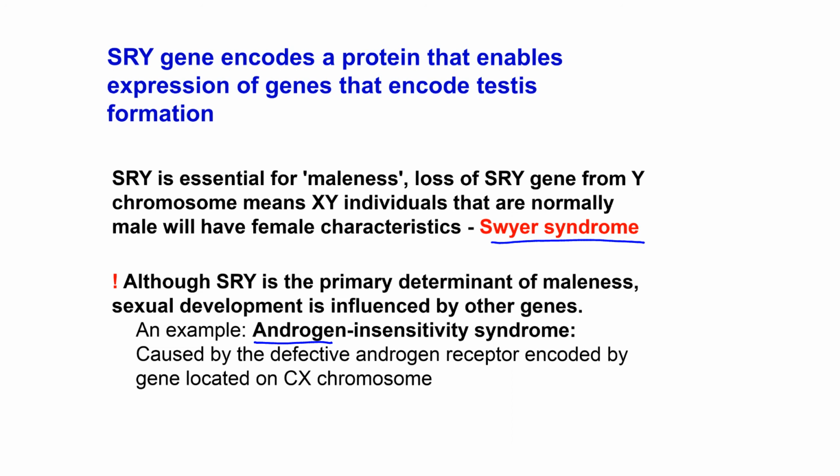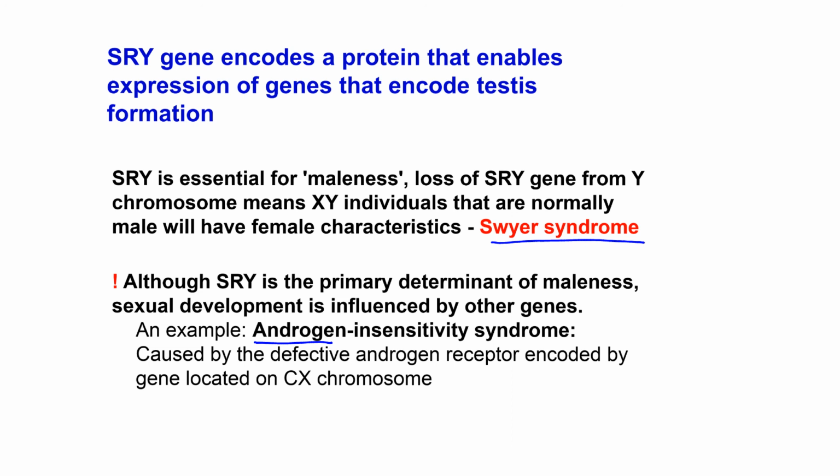So in people with androgen insensitivity syndrome, where the androgen receptor is mutated, although the level of testosterone is normal, these people develop female characteristics. I apologize, this is a mistake. The gene for the androgen receptor is localized on the X chromosome.